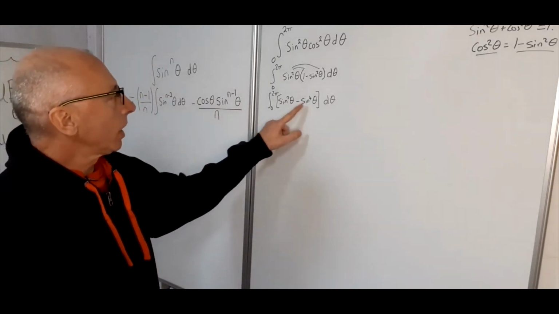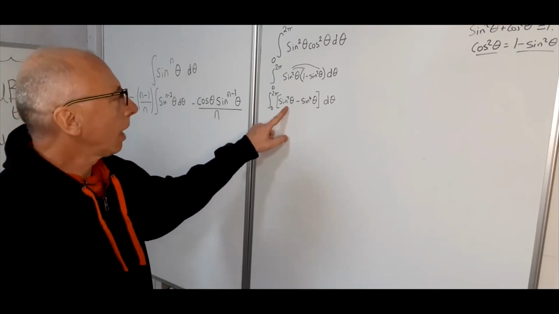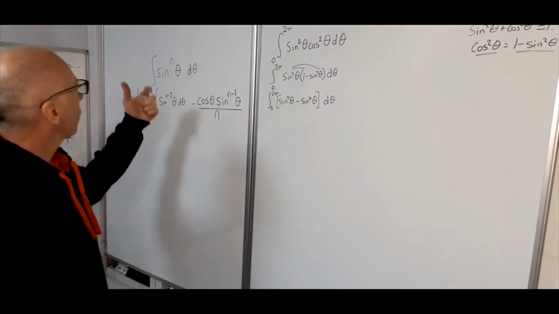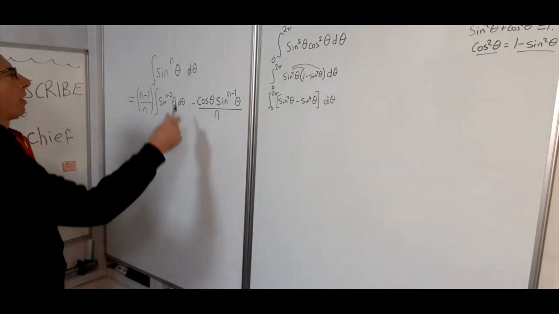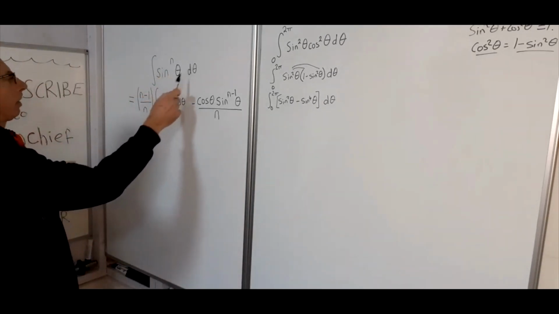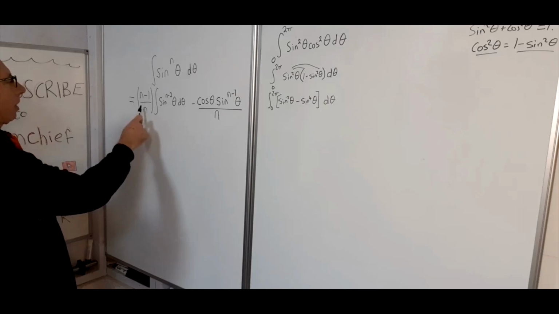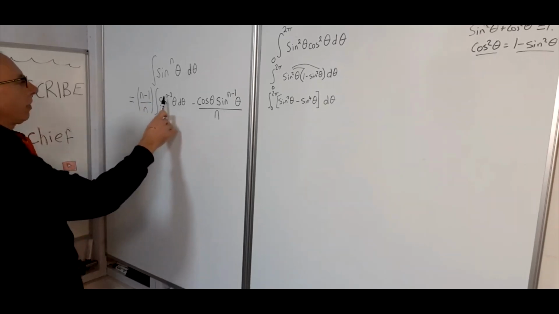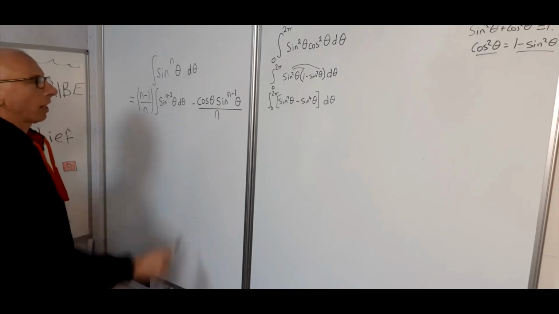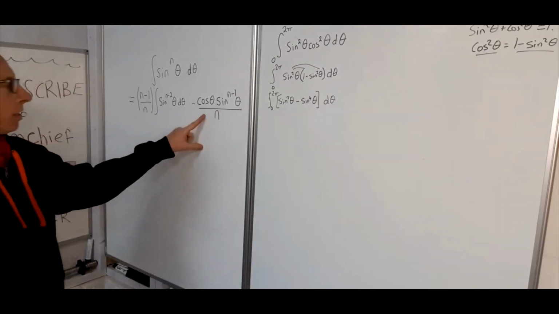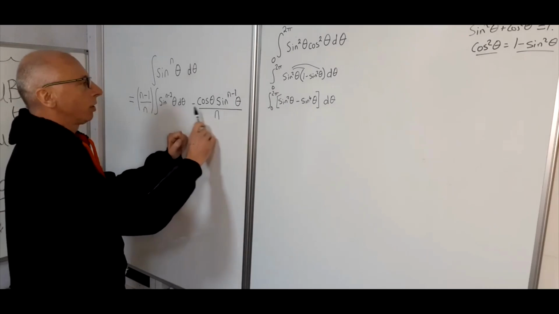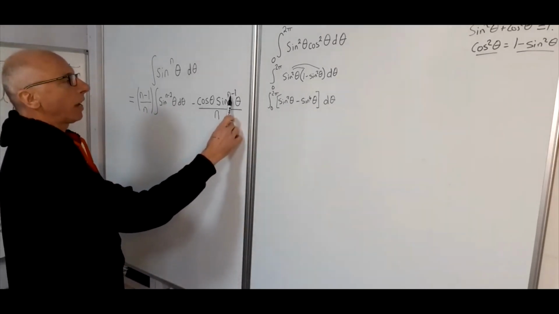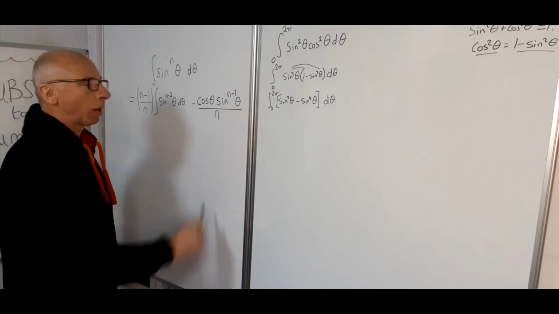Okay, so now we've got these isolated, we can use the power reduction formula for integration for sine, which I've got written on here. So the integral of sine to the power of n theta gives us n minus 1 over n, integral of sine of n minus 2 theta d theta, and then we subtract this, which is not an integral, this is part of the answer, cosine theta sine to the power of n minus 1 theta divided by n.